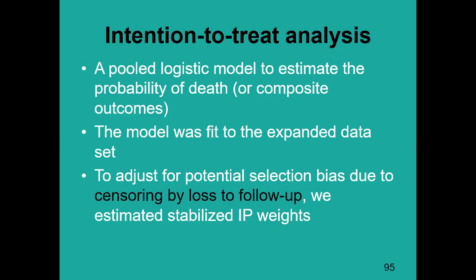In this study, we conduct both intention-to-treat analysis and per-protocol analysis. The intention-to-treat analysis is a pooled logistic regression model to estimate the probability of death. The model was fit to the expanded data set. To adjust for potential selection bias due to censoring by loss to follow-up, we estimated stabilized inverse probability weights.